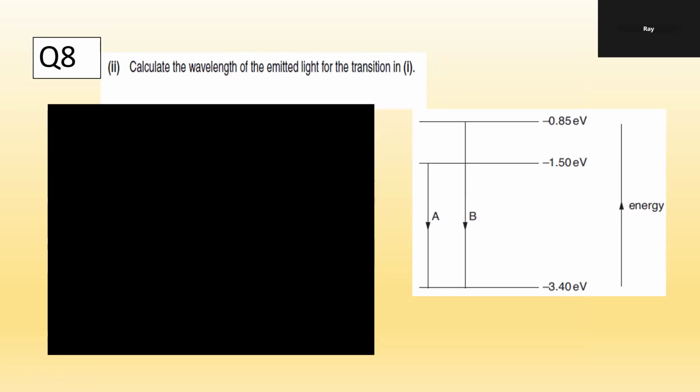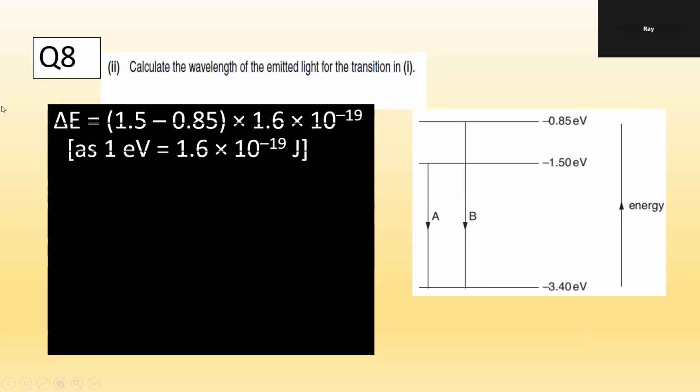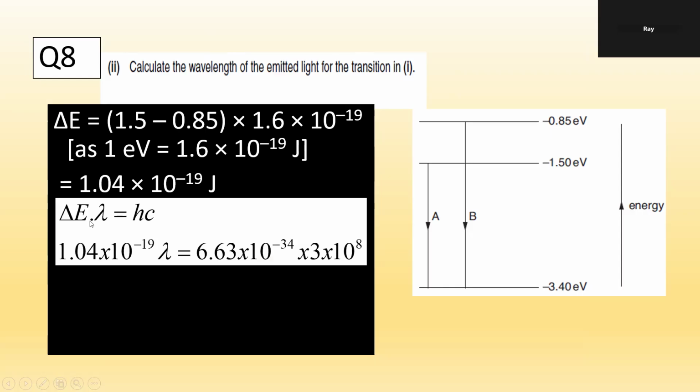Just memorize the formula. 1.9 eV. Subtract to find the different energy level, convert it to joule, and then use this formula: delta E equals hc over lambda. There's your delta E, there's your Planck's constant, there's your c. Okay, 1.9 times 10 to the power minus 6 meter.